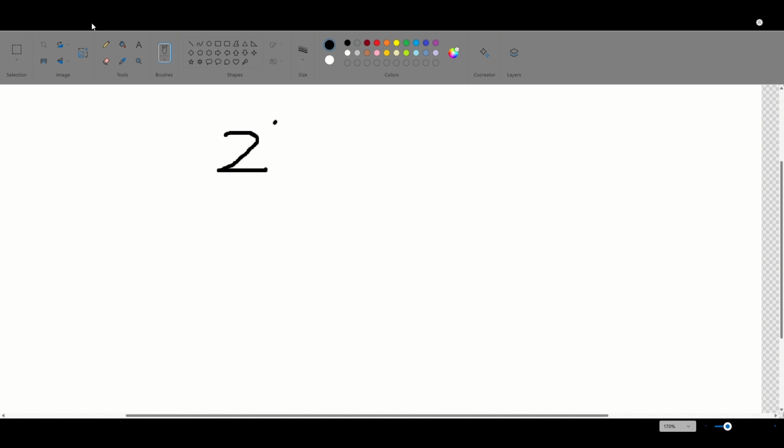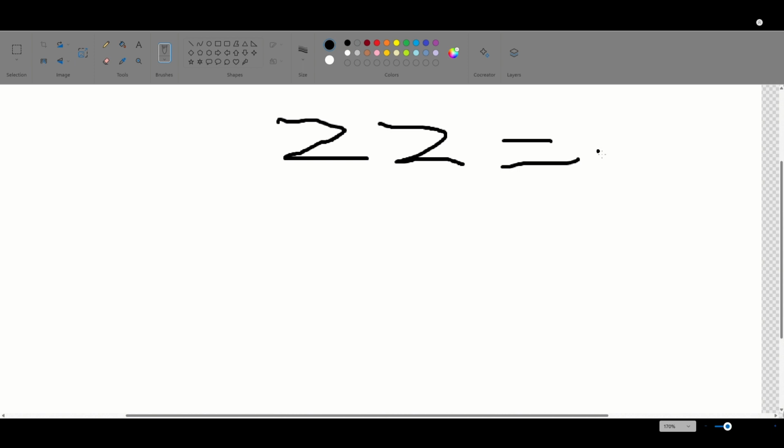So now for algebra, it's the same thing. Let's demonstrate with z. z times z is also equal to z squared. You basically get the point. It's the same thing.